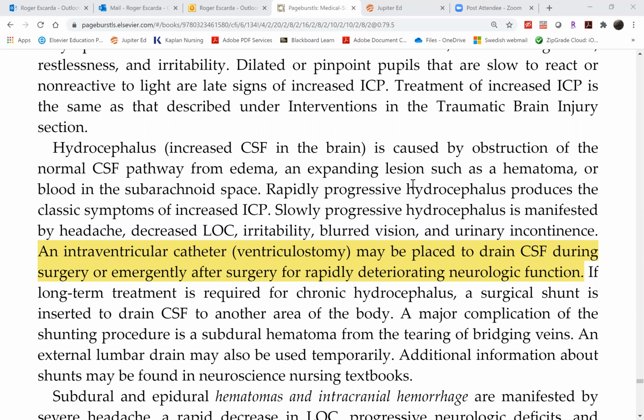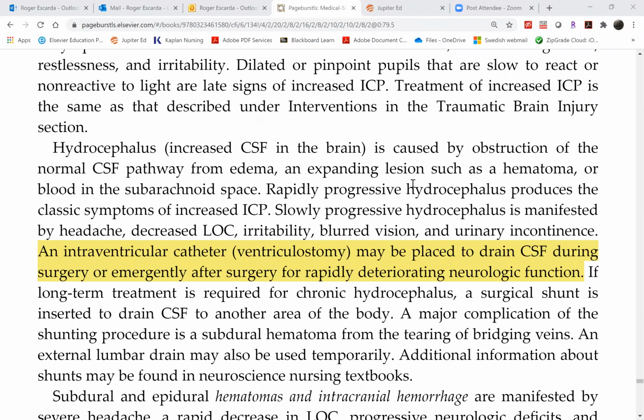The benefit of using an IVC compared to a screw or a bolt, for instance, which are also used, is it serves two purposes. Not only are you able to monitor intracranial pressure, but you can also decrease it by draining CSF. So this thing will be attached to a transducer plus also to another drainage system in order for you to remove CSF.